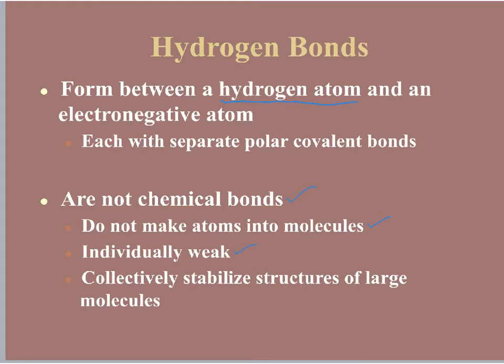So they're really responsible for creating or stabilizing large molecules. They aren't officially able to make atoms into molecules. They exist, but they're more involved in holding different parts of a large molecule together.